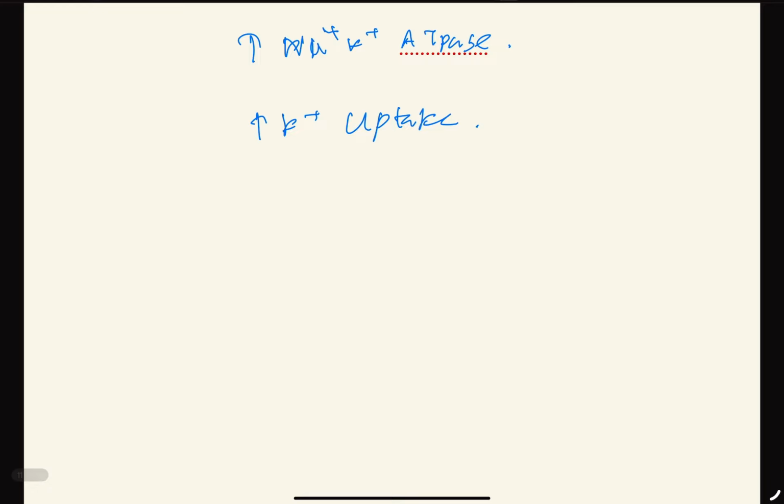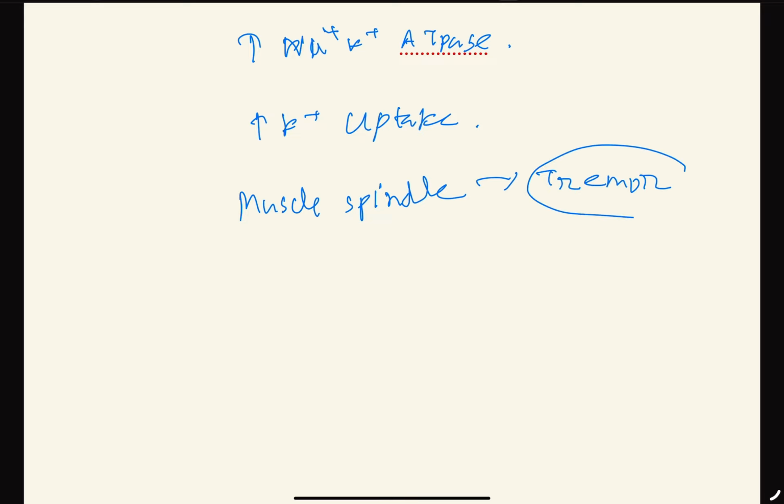And we have this beta 2 receptor in this muscle spindle, so it causes tremor in the skeletal muscles. Okay.